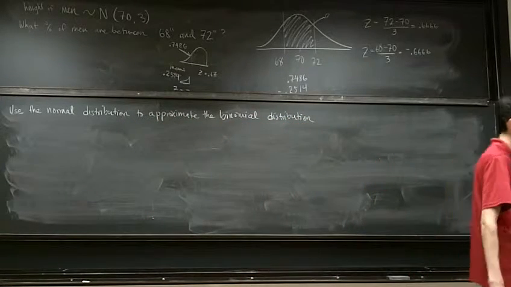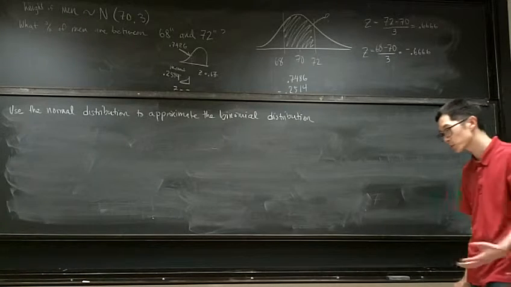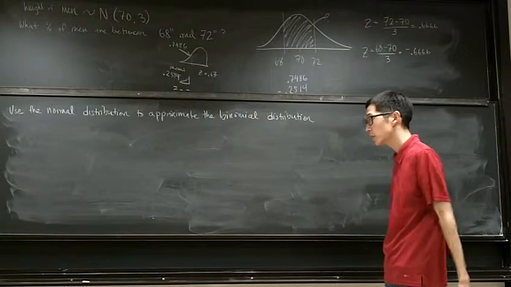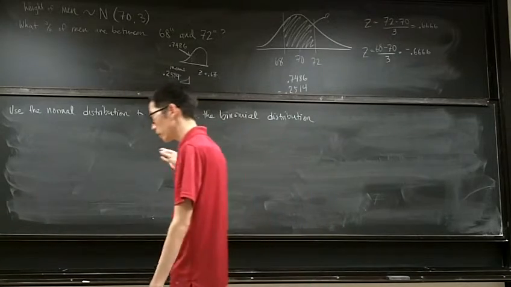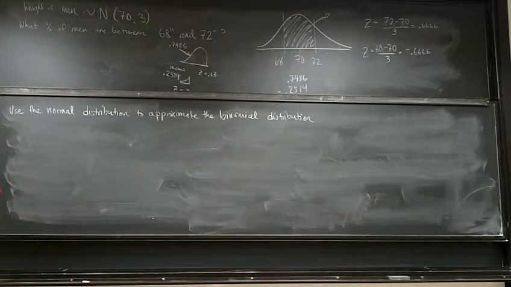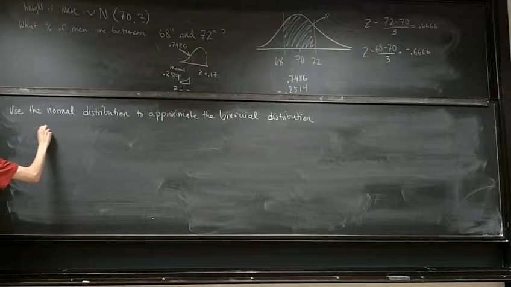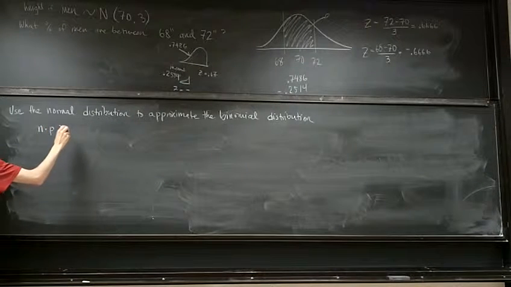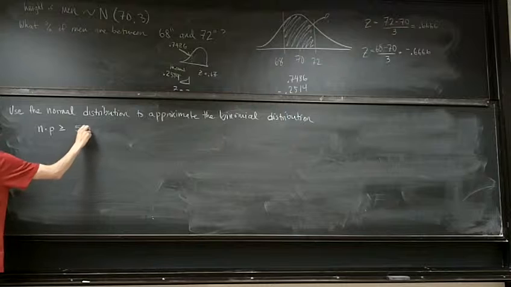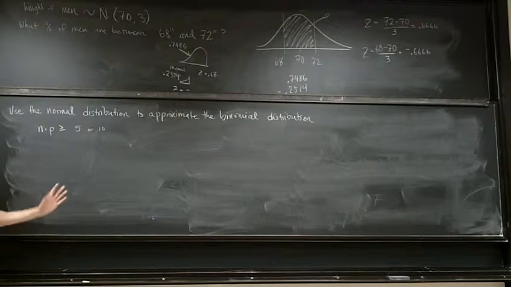It can only have whole number outcomes. Normal distribution is continuous. But when the binomial distribution has a large n, it looks like the normal distribution, okay? Now, different textbooks say different things. I think our textbook says 5, other textbooks say 10, okay? So if n times p is greater than or equal to, some say 5 or 10, depending on who you ask.